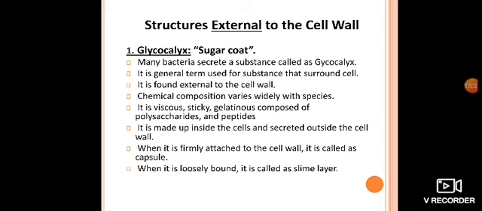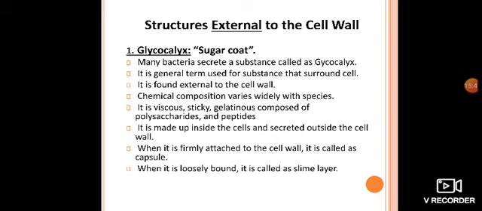Now, the first external part of any prokaryotic cell is the cell wall. Glycocalyx means the cell wall contains a sugar coat. Many bacteria secrete a substance called glycocalyx.